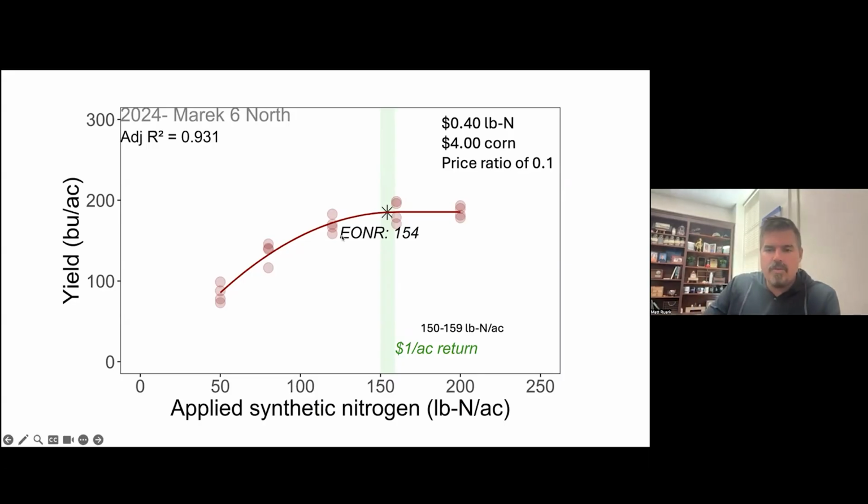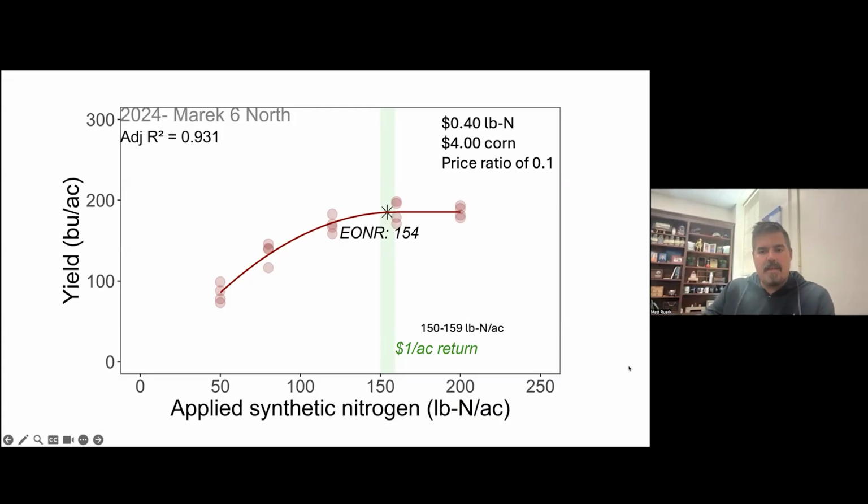We have that optimum rate of 154, but the range of rates that are within a buck, we can manage, and no one's probably really going to care about $1 on either side of that, right? So that is more of a range of 150 to almost 160. So it's about a 10-pound range you could apply in where you're pretty close to maximizing your profitability.